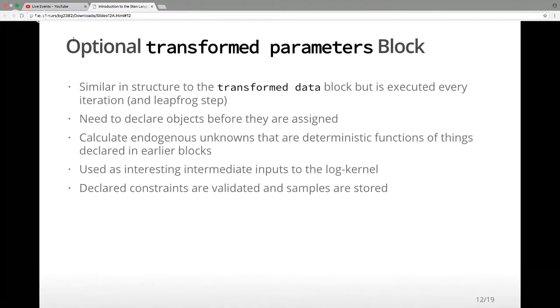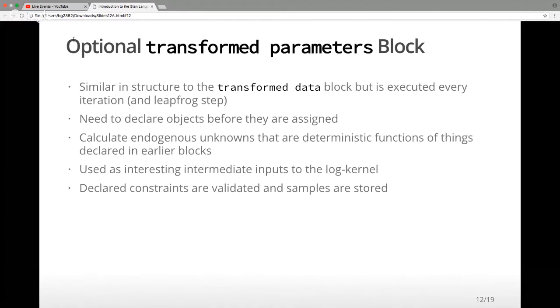And these sorts of things are deterministic functions of the parameters or things declared in earlier blocks. And so they can depend on the parameters. But once you get a realization of what the parameters are, you know exactly what deterministic function generates these transformed parameters. So you can use the transformed parameters block to declare interesting intermediate outputs that go into the log kernel of your posterior distribution.